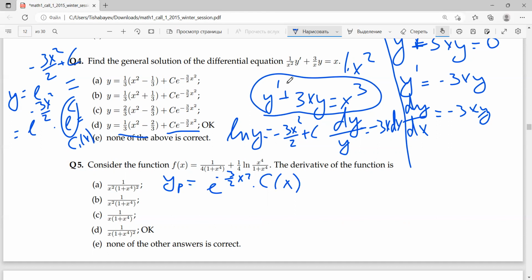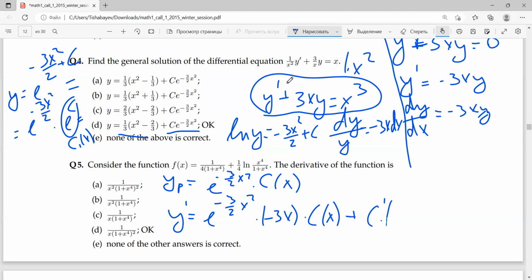And what will y prime be in this case? It is e to the power of minus 3 over 2 x squared multiplied by, the 2 is cancelled, minus 3x, am I right, multiplied by c of x, plus c prime of x multiplied by e to the power of minus 3 over 2 x squared.